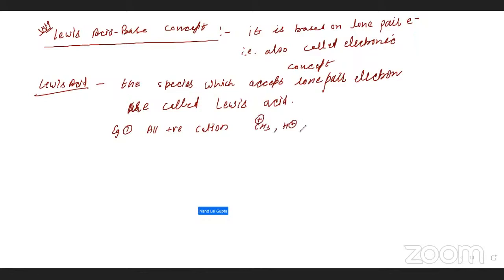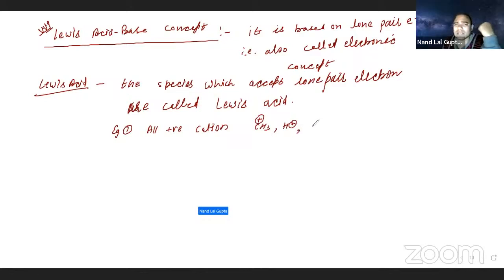They can accept a lone pair of electrons, so they are Lewis acids.